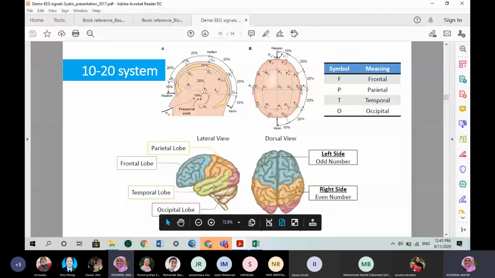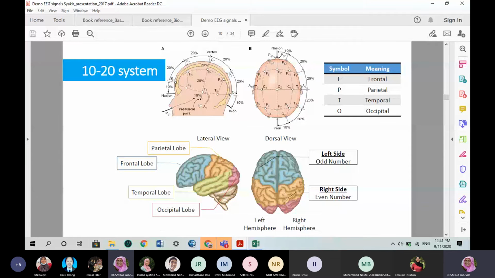Beside it is the temporal lobe. So your electrode system will have F electrode for frontal, T for temporal, C for center, P for parietal, O for occipital. The occipital has the center for vision, so O1 and O2 have information regarding vision.